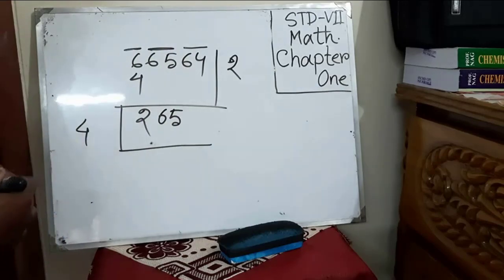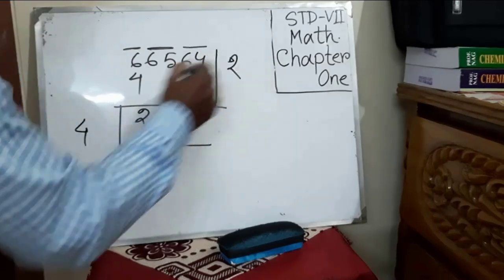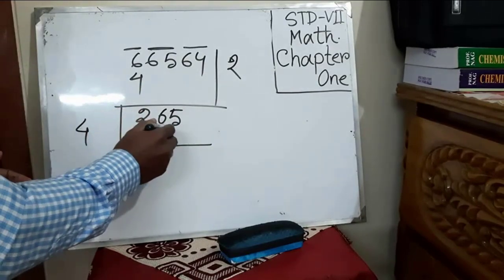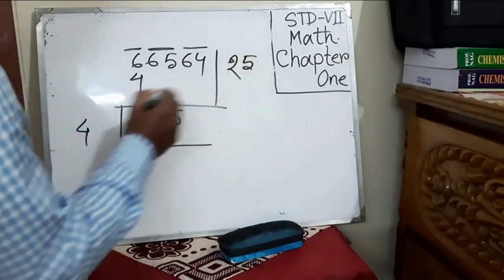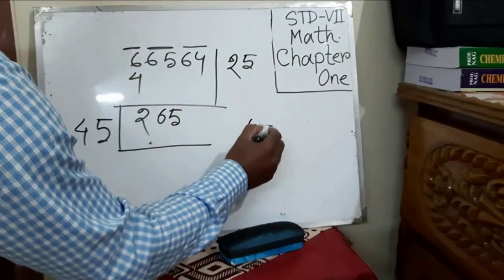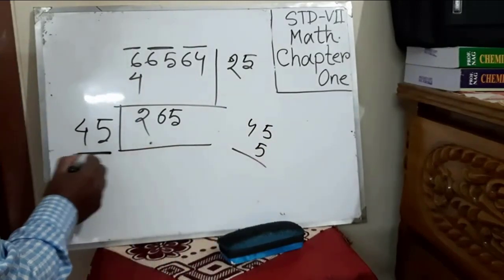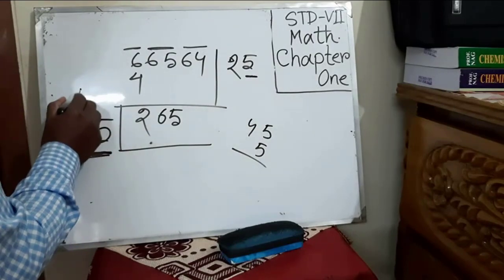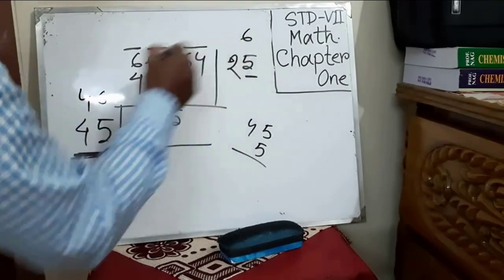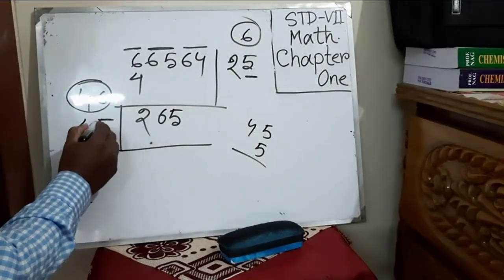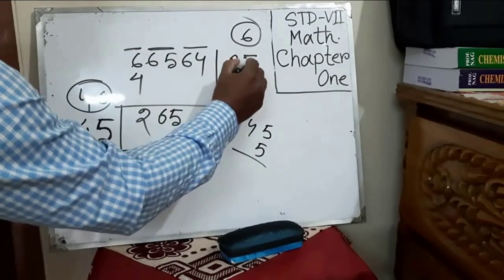Then consider a digit to write. Suppose 4. If it is 4, then I will write 4 here, but the product will be more or less than 265. So if I write 5, it will be 45 and 5. Whatever the number, you will multiply by this digit. If you write 6, it will be 46, multiplied by 6. But I have written 5, so I will write the same digit 5.